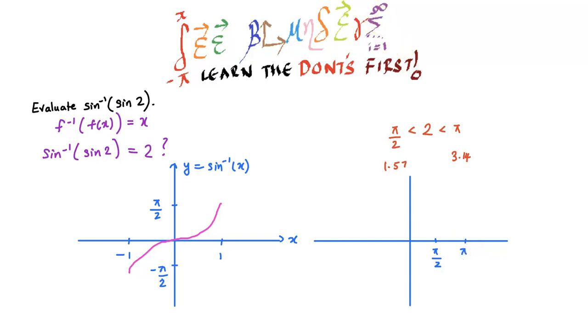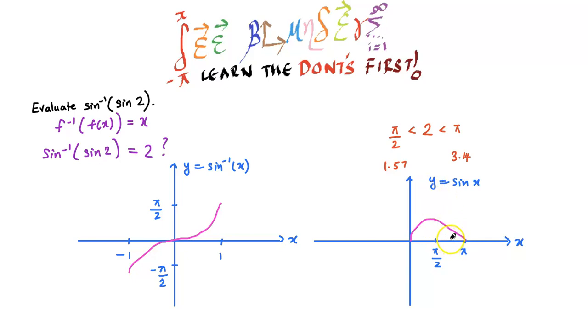This is y equals sine x, and this is y equals x. So sine 0 is 0, sine pi by 2 would be 1, and sine pi would be 0 again.